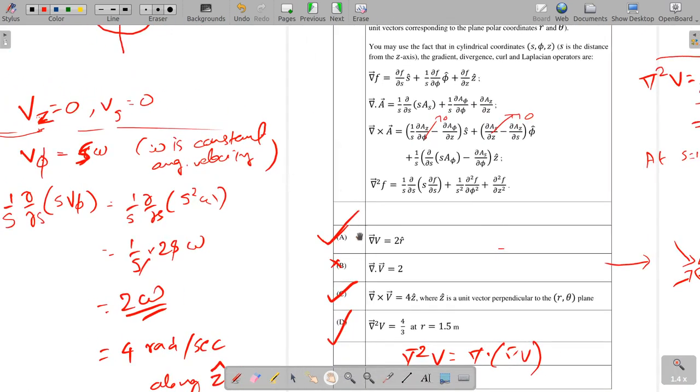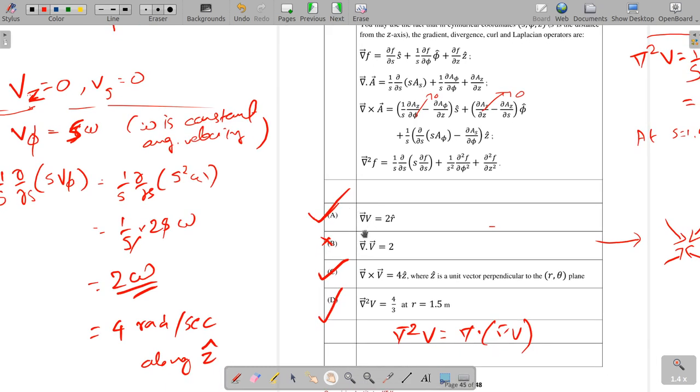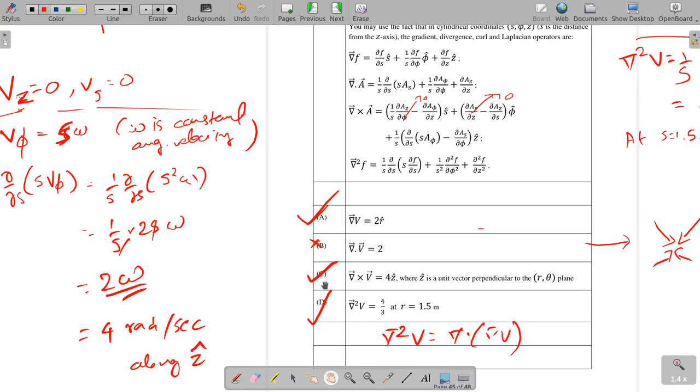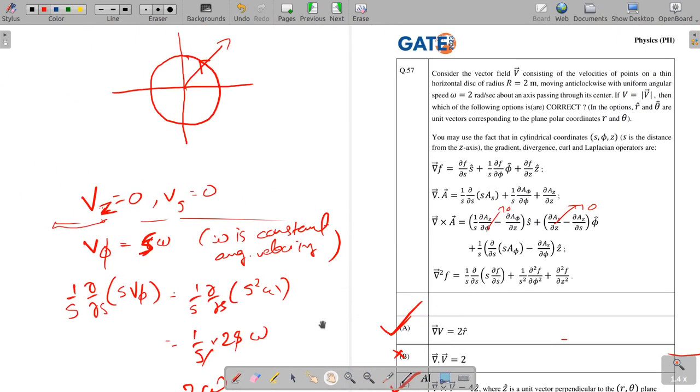The first option is that the gradient of v is 2 r cap. One thing we can do with this particular option is use a purely physical argument.